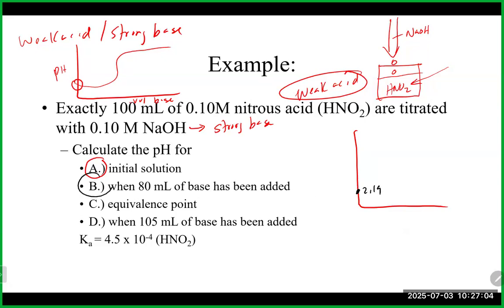We're then going to start this titration, right? And we want to know what is the pH after we add 80 milliliters of our base. So clearly at this point, we are doing the titration and we have added volume. So we should know, for example, that we need an ice table and we do need it in moles.